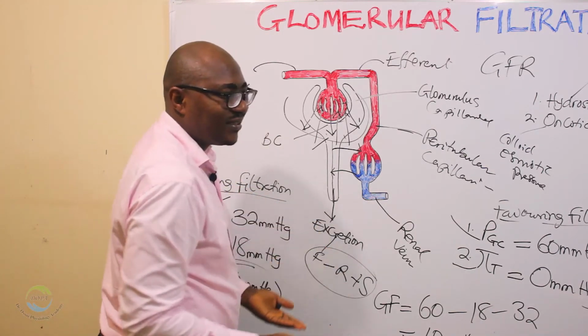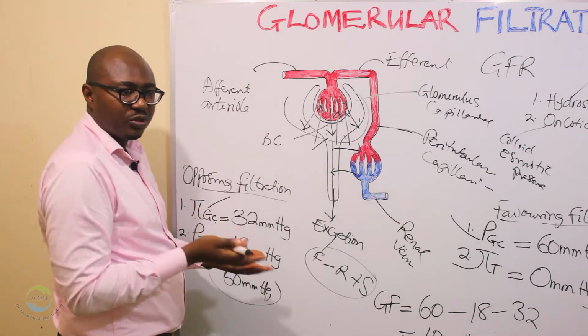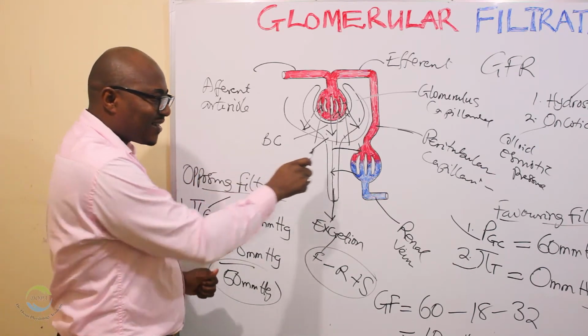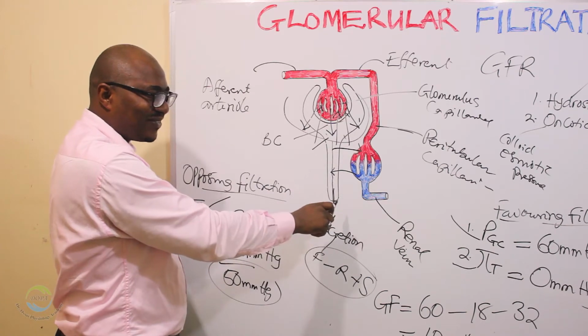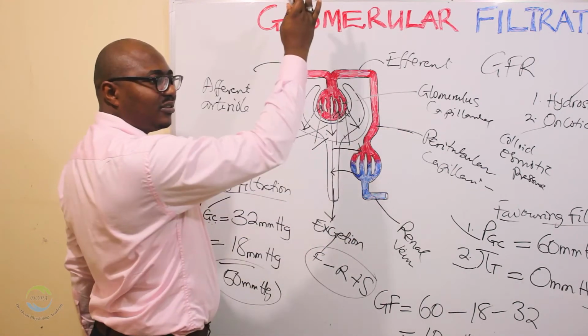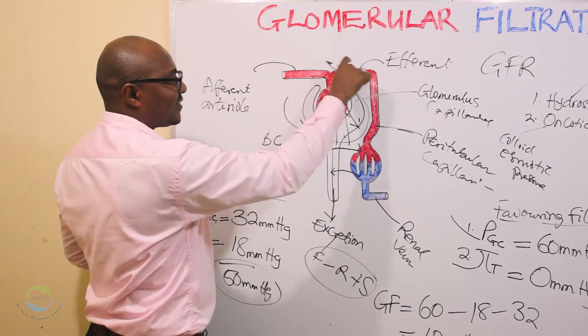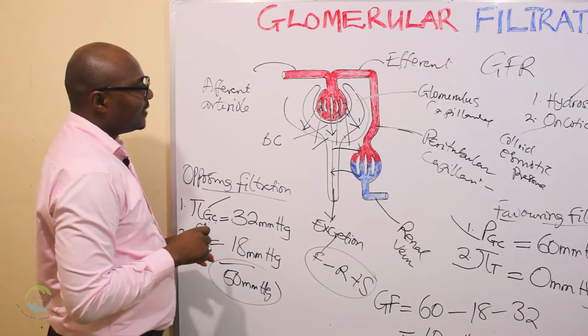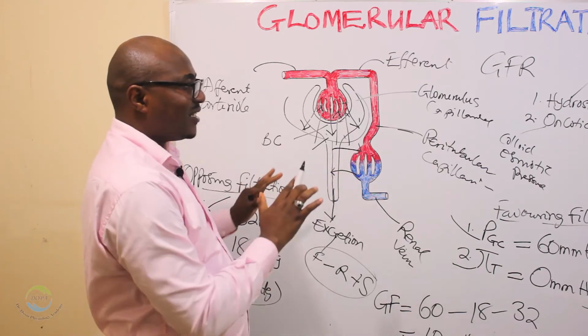Because proteins help absorption of sodium and chloride, which will now make this filtrate more dilute. And the macula densa will recognize it. And it will do what? It will dilate this. So it will favor more filtration. Okay? So those are the factors that easily change.